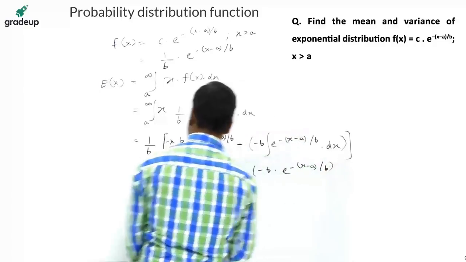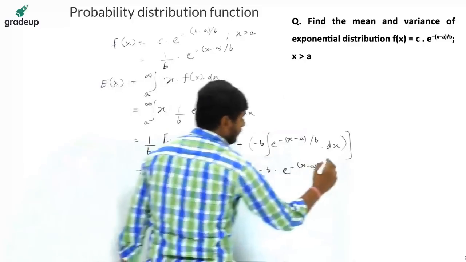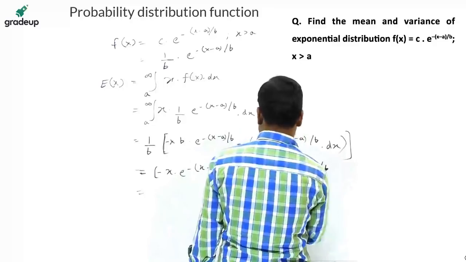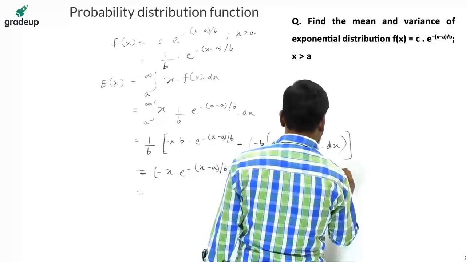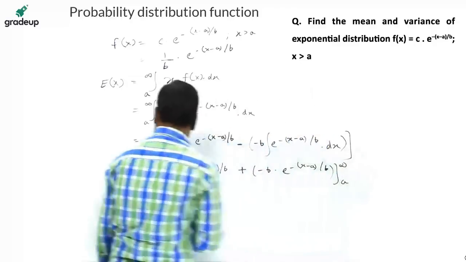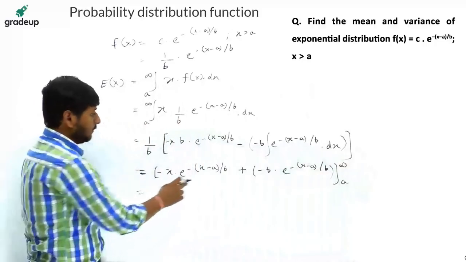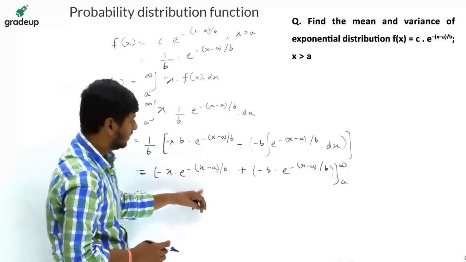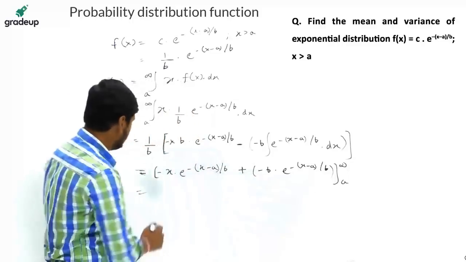Just this. Now putting the limits from a to infinity. If we put infinity, this is 0 only, e to the power minus infinity is 0, this is again 0, so this is 0.